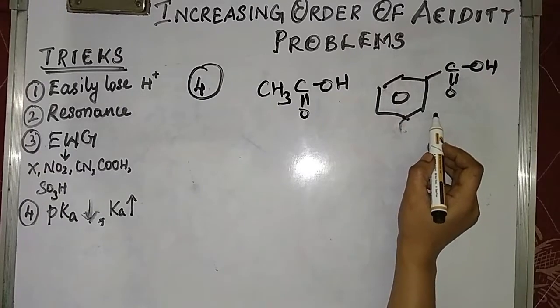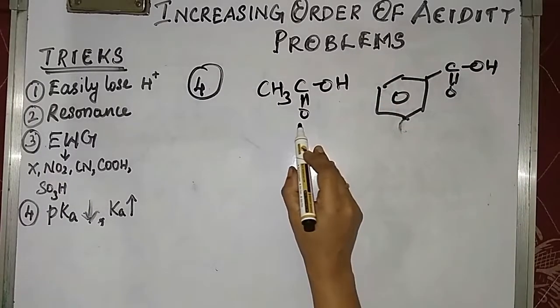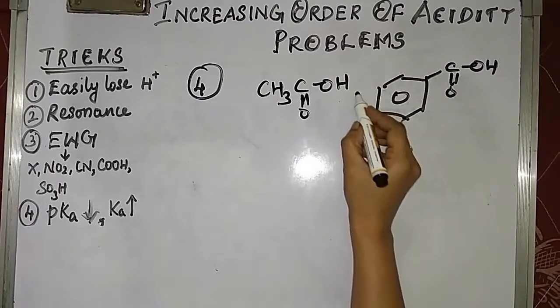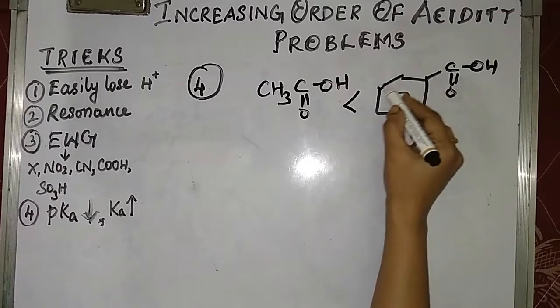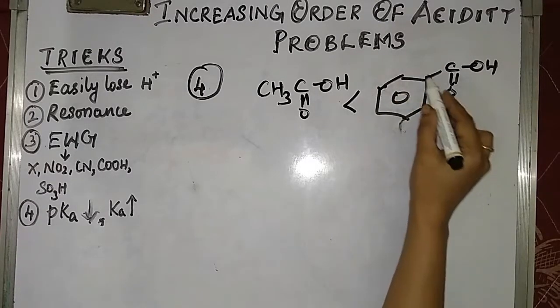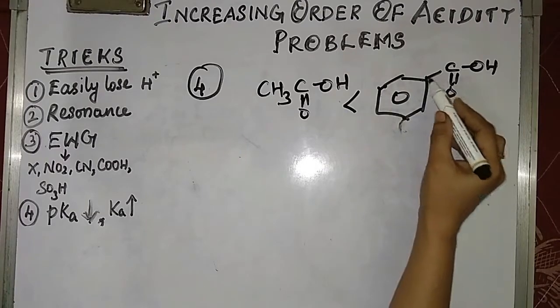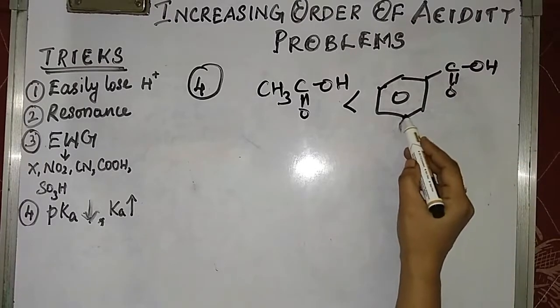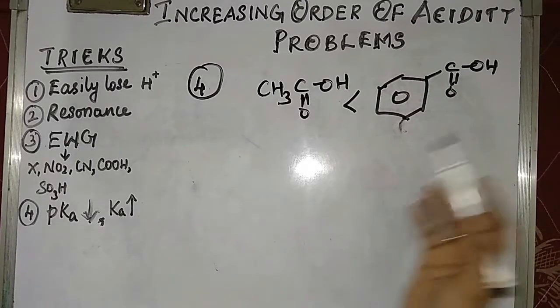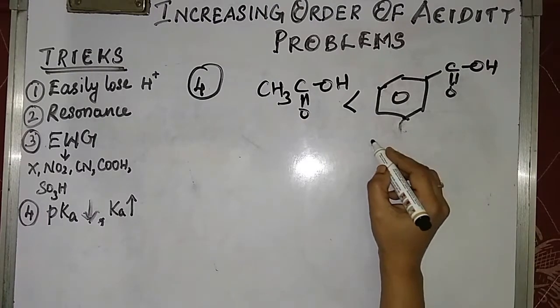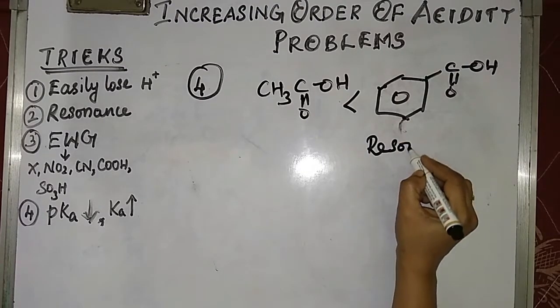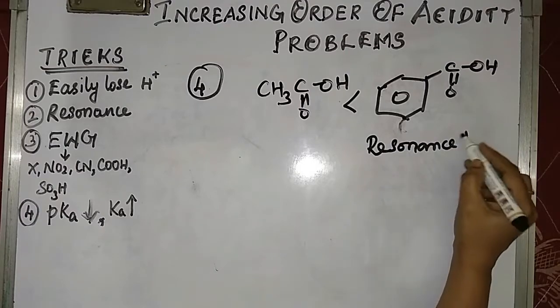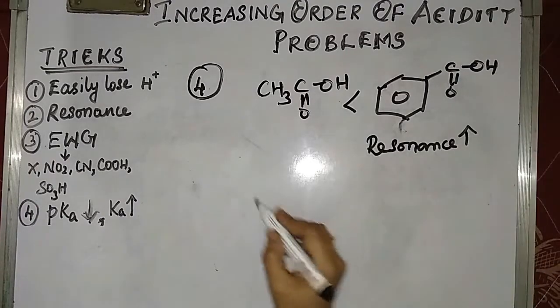Compared to benzoic acid, the resonance of acetic acid is less. The resonance moves towards the benzene, which gives 3 more resonance structures. If resonance structures increase, the acidic character increases.